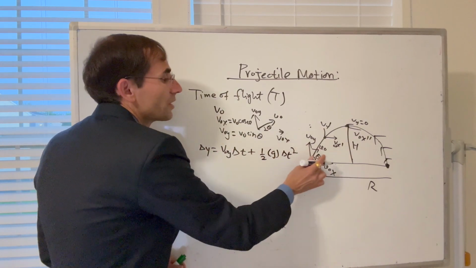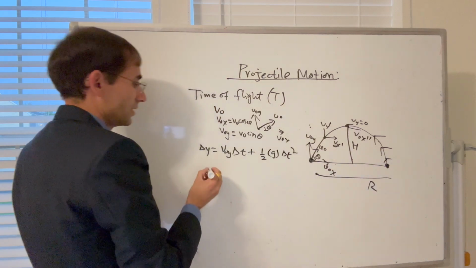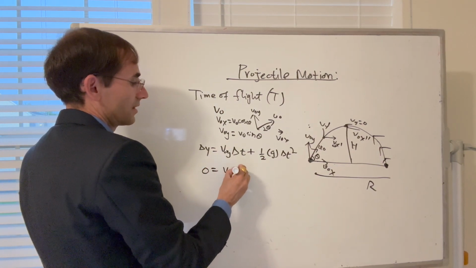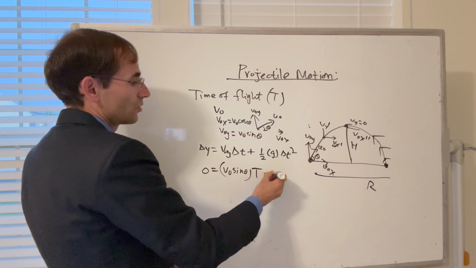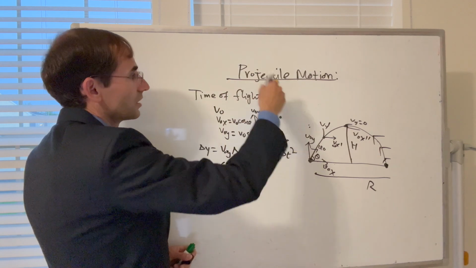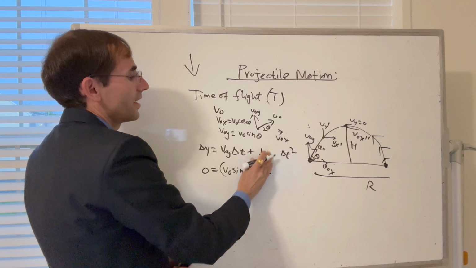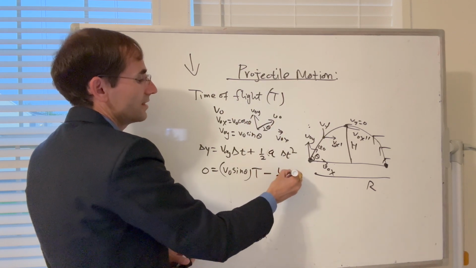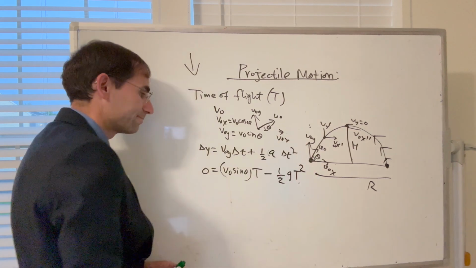Delta y is 0 because there is no vertical displacement from here to here. voy is v naught sine theta. Let's say delta t is the time of flight t. The acceleration a is minus g here because it always points in the downward direction, and delta t is t, the time of flight.